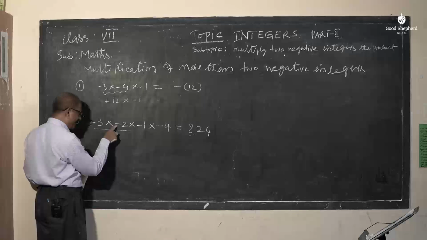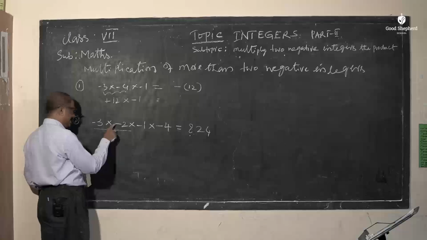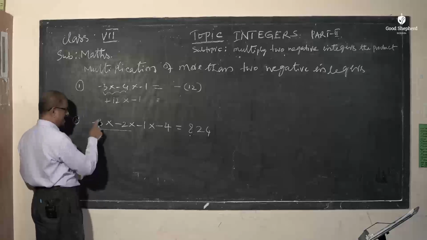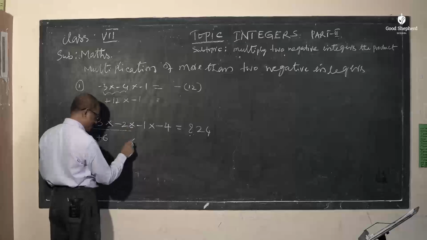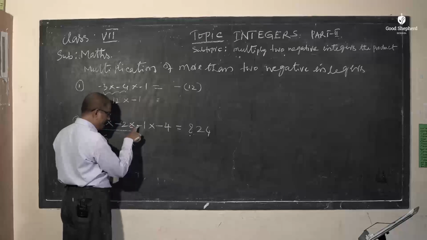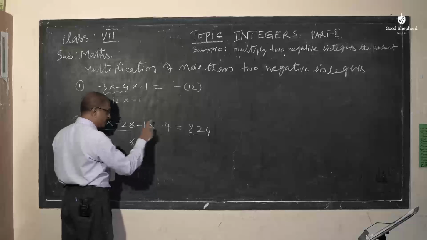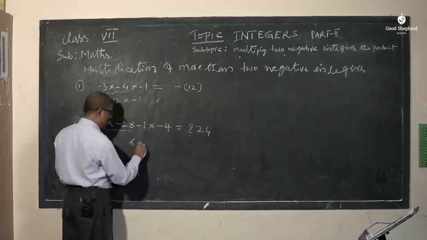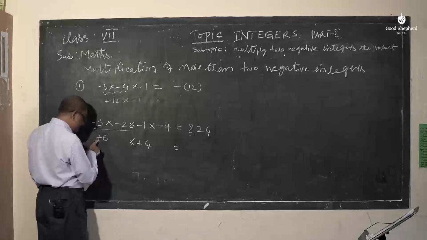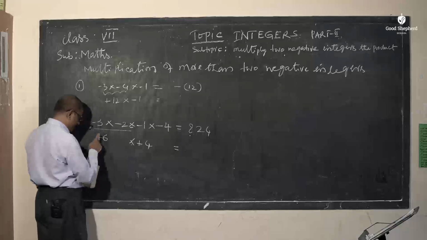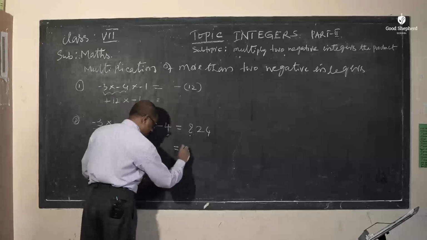So, minus into minus, the product of two negative signs becomes a positive sign. 3 2s are 6. The next is again minus into minus, the product of two negatives is positive. Then 4 1s are 4. Here is again a positive into a positive, the product of two positives is positive.